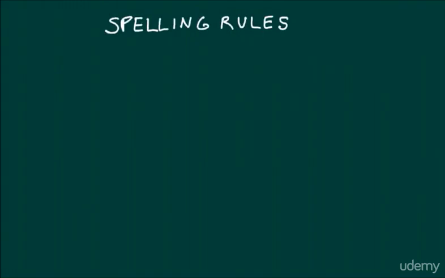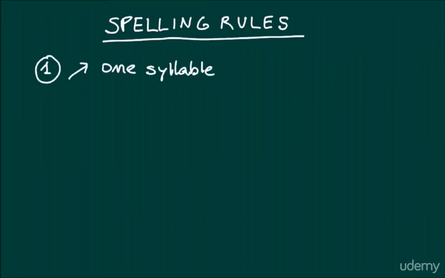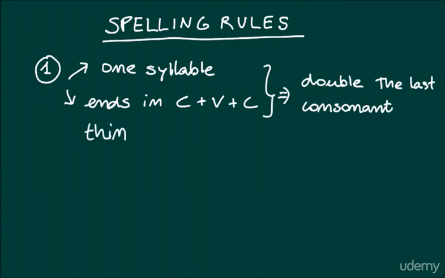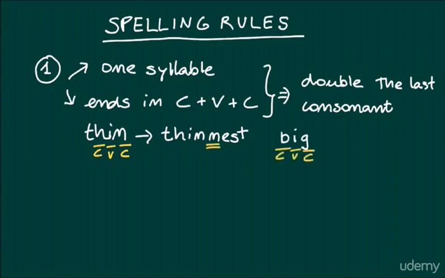Again, remember that there are two spelling rules. 1. When an adjective has only one syllable and ends in consonant plus vowel plus consonant, we double the last consonant. For example, thin, the thinnest. Or big, the biggest. 2.